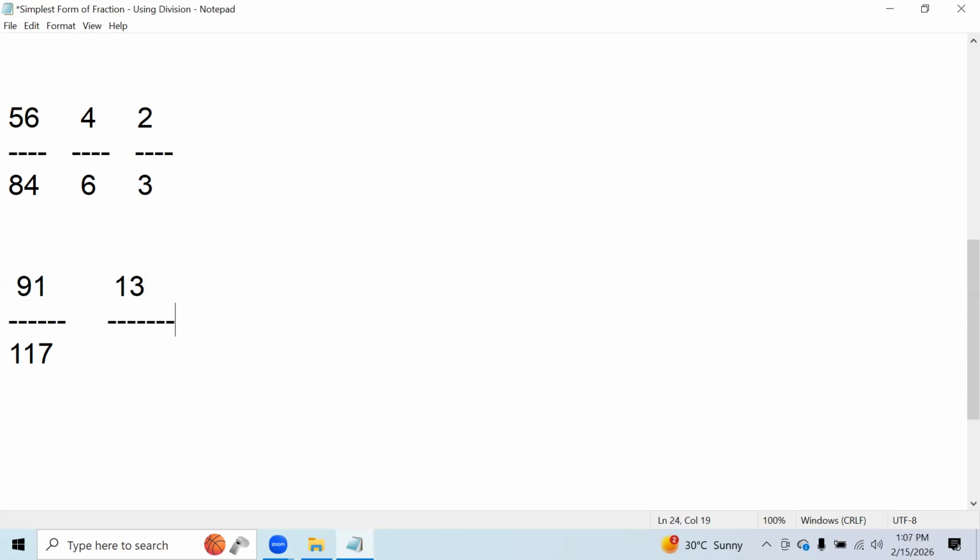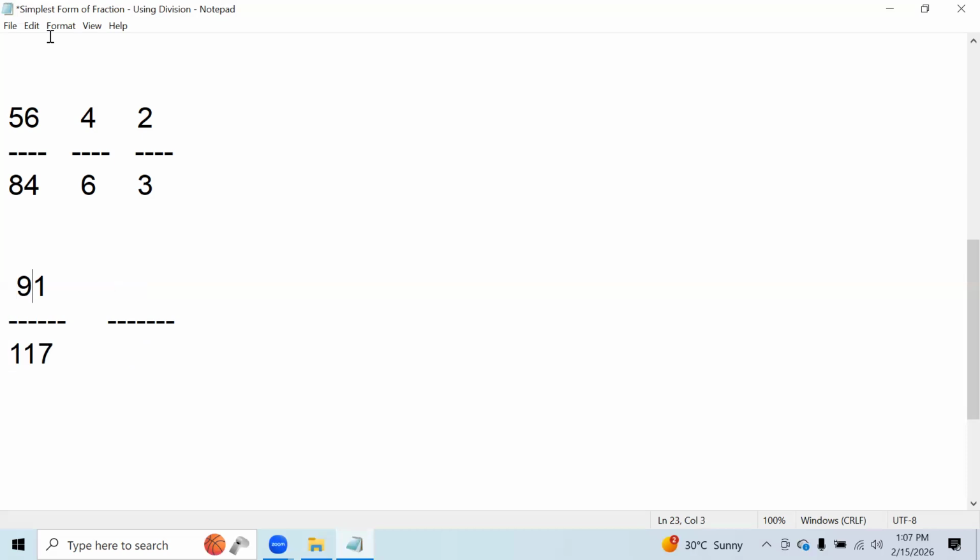Try for 117 also. 7 1s are 7, 7 6s are 42. Is it divisible? No. So even though 13 sevens are 91, we are not able to divide 117 by 7. So we cannot divide it by 7.